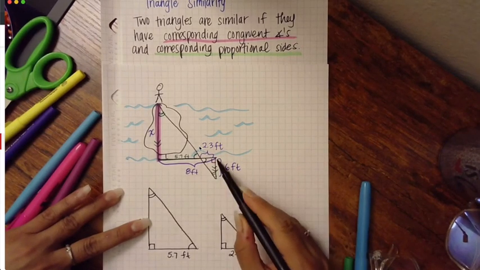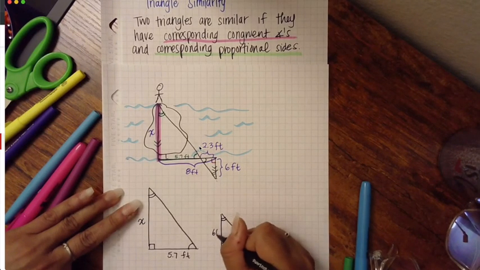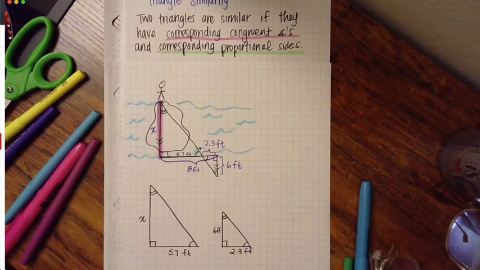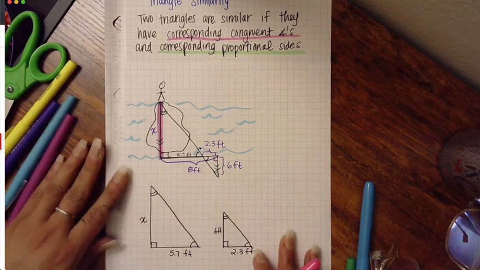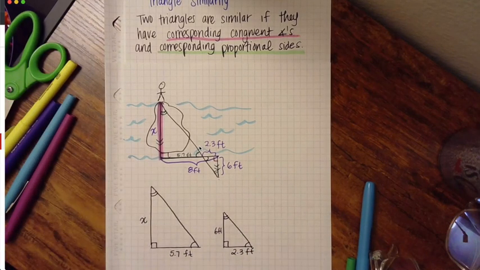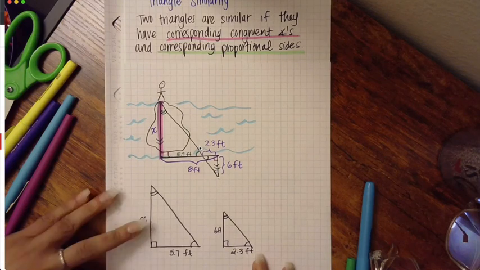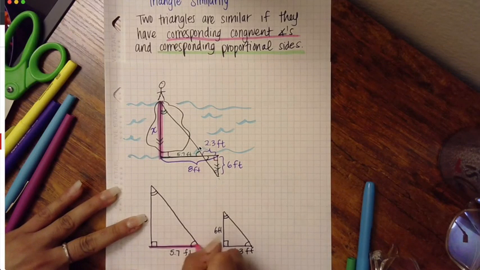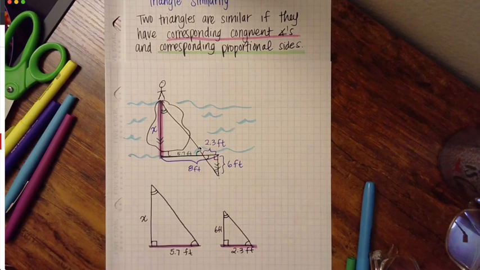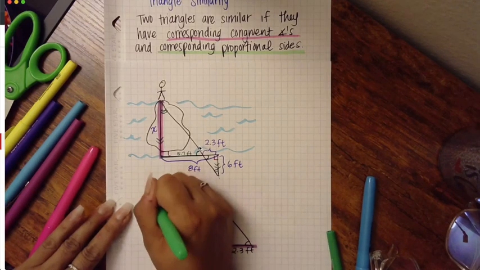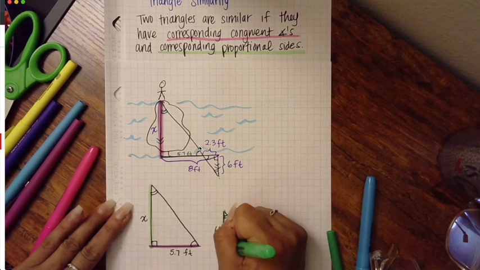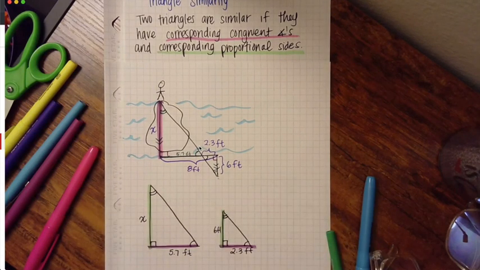And from the right angle to the double is 6 feet. So I now have my triangles sitting in corresponding perspectives. And I recognize that this right here corresponds to this guy here, as this corresponds to this over here. So that's why they're sitting in the same location.